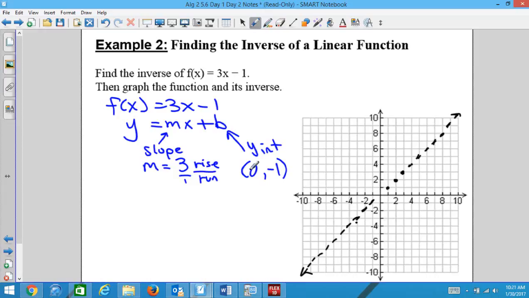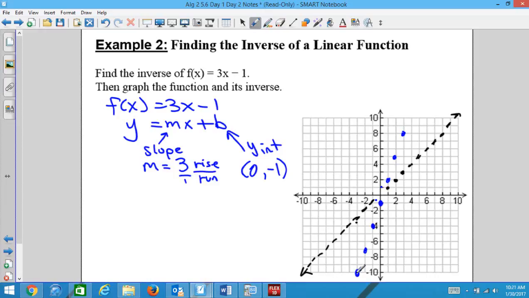So when we plot these, we begin at -1. We begin at the y-intercept at 0, -1, and then we move. From that point, we move up 3, right 1, up 3, right 1, up 3, right 1. If you run out of space, you can go down 3, but then you have to go left. This is where I'm going to use a color to connect it.